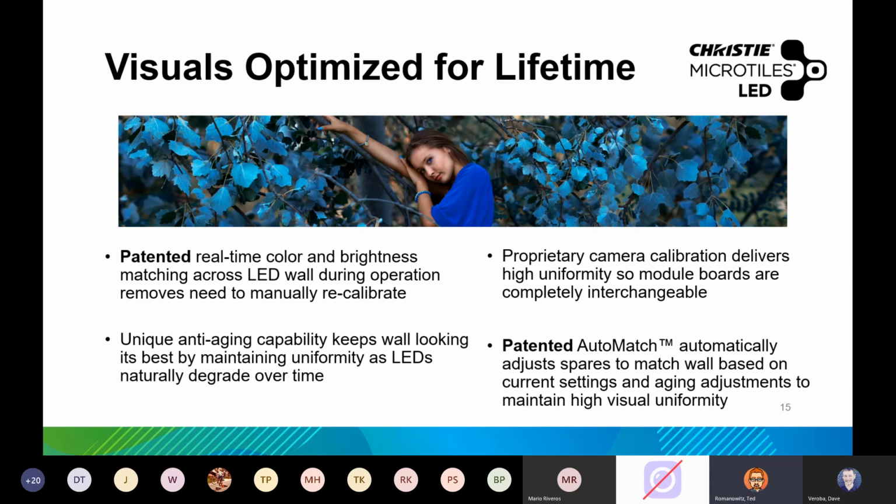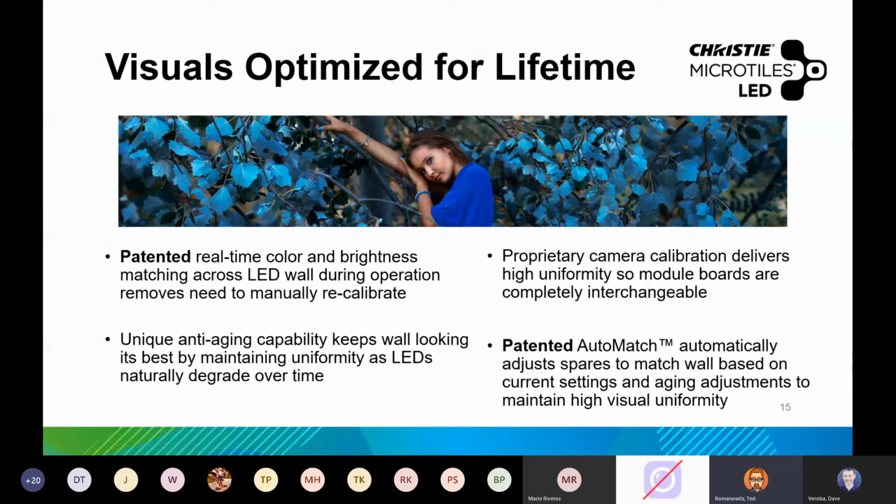We also have a patented AutoMatch capability, an anti-aging capability, that looks at the performance of the LEDs in brightness and color as they naturally degrade over time. This is just a limitation of the physical LEDs.